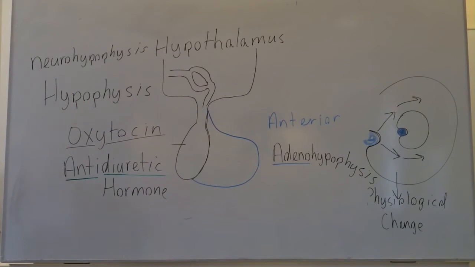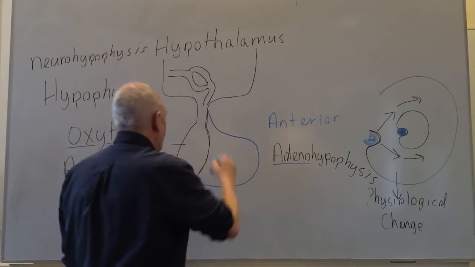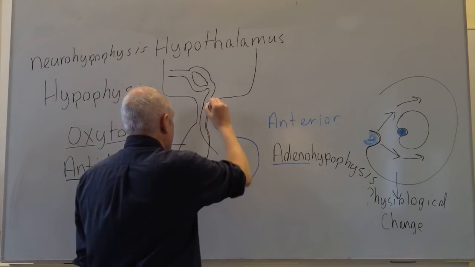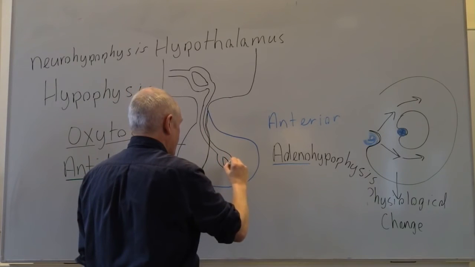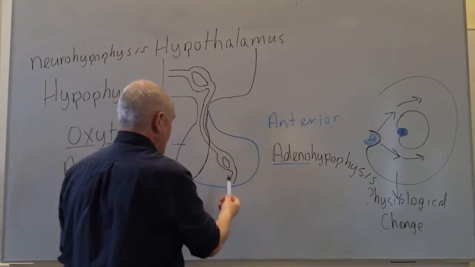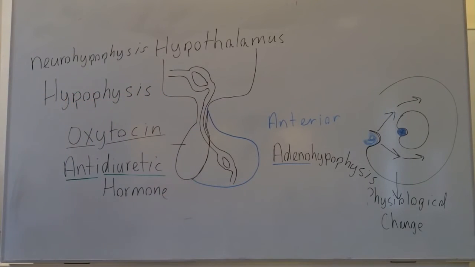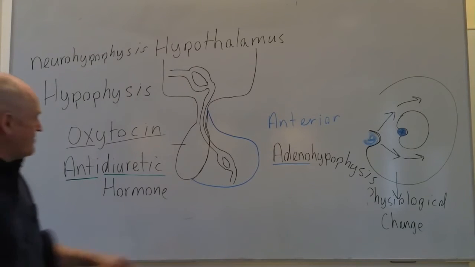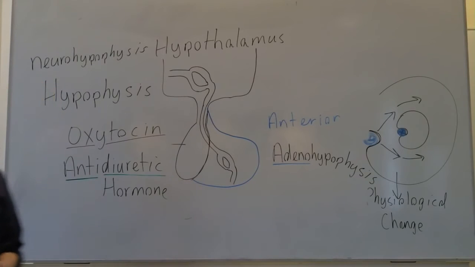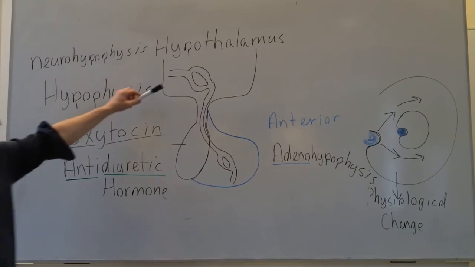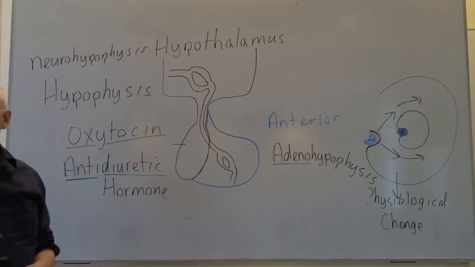But instead of going into the systemic circulation, they take a little shortcut down to here. There's a dedicated system of blood vessels that takes them down. And then once the blood is circulated through the anterior lobe of the pituitary gland, through the adenohypophysis, the blood then drains into the systemic circulation. Quite unusual, isn't it? It's a vein that begins in capillaries and ends in capillaries.